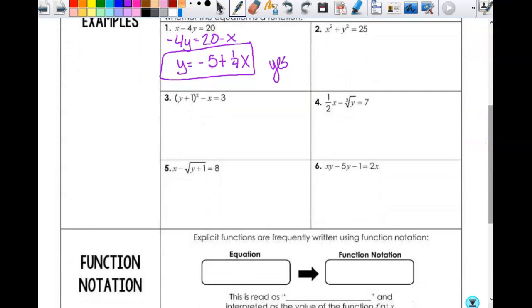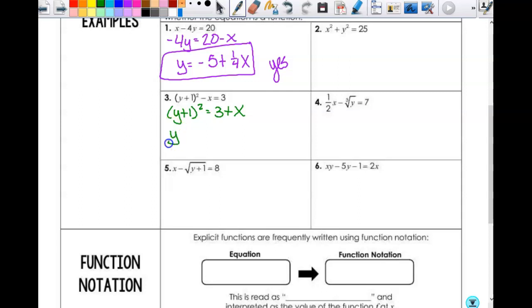I want to solve for y. So the first thing I'm going to do is move my x over. So this gives me y plus 1 quantity squared equals 3 plus x. Now this y plus 1 squared, I don't need to square it. If I did square it though, does it give me y squared? Okay, so right. Take the square root of both sides.